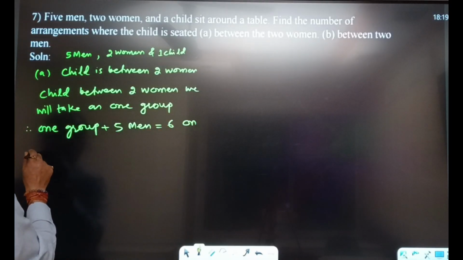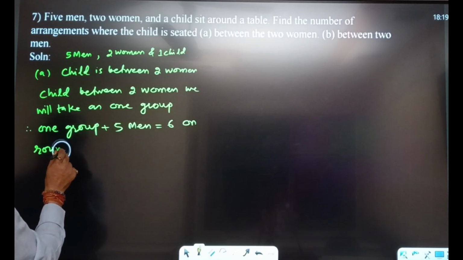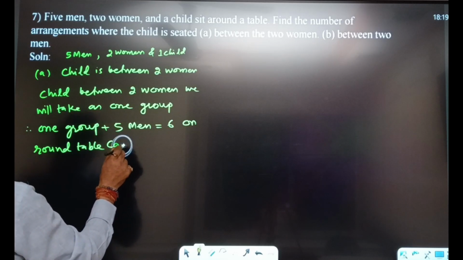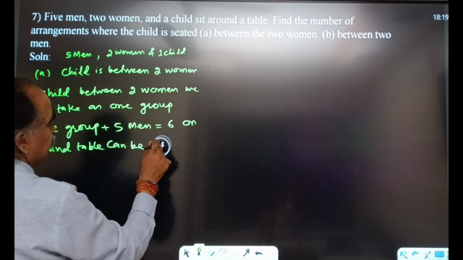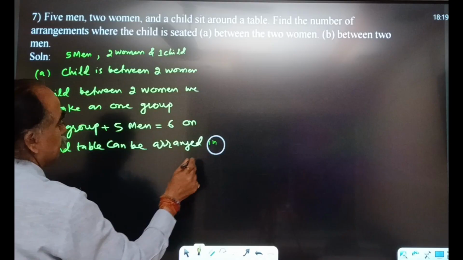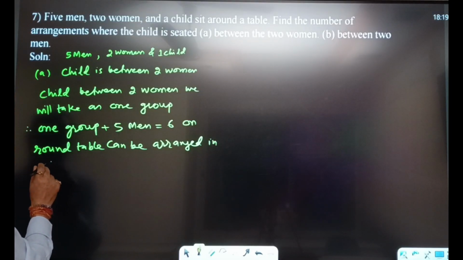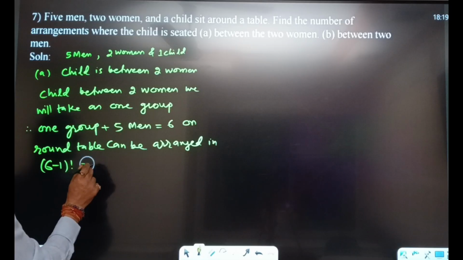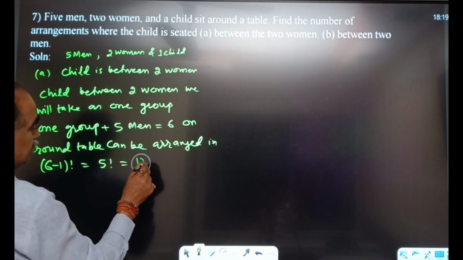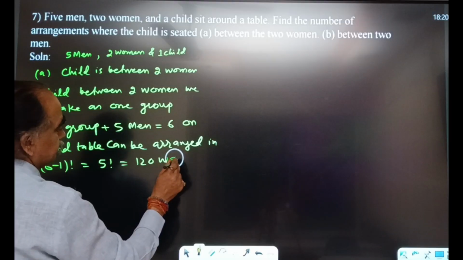On a round table, they can be arranged in 6 minus 1 factorial, which is equal to 5 factorial, 120 ways.